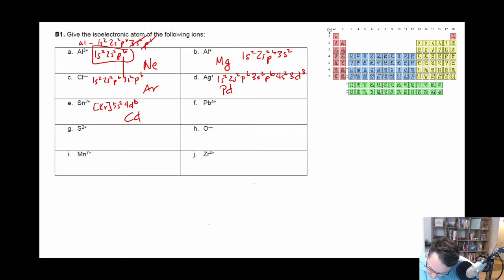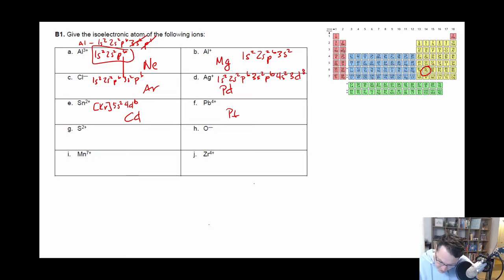Yes, I put down Pt instead of Pd for lead. Wait, no. Oh, it's lead. Yeah, okay, no, it is Pt. I was just thinking. So this right here is lead, and if you move your way here and you remove 4 electrons, 1, 2, 3, 4, you end up at platinum in that case.